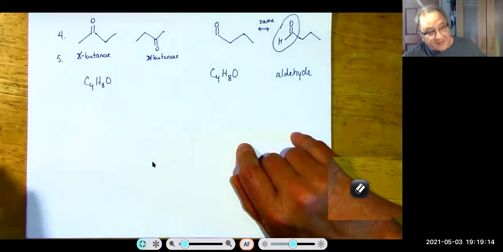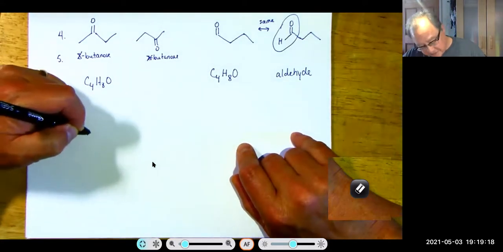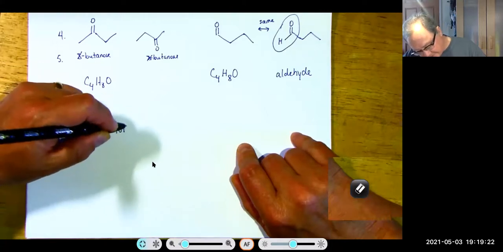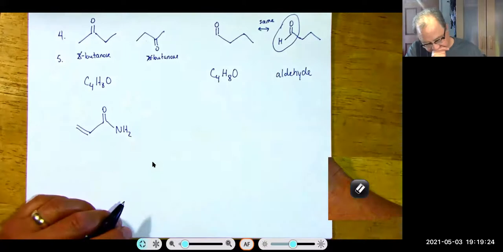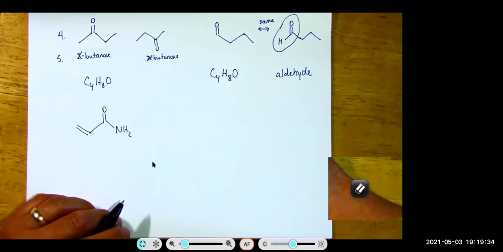Okay, so what about this guy here? Let's go ahead and do this guy now. What are we going to do for a structural isomer of this guy? I'm going to draw it out so I can see it better.